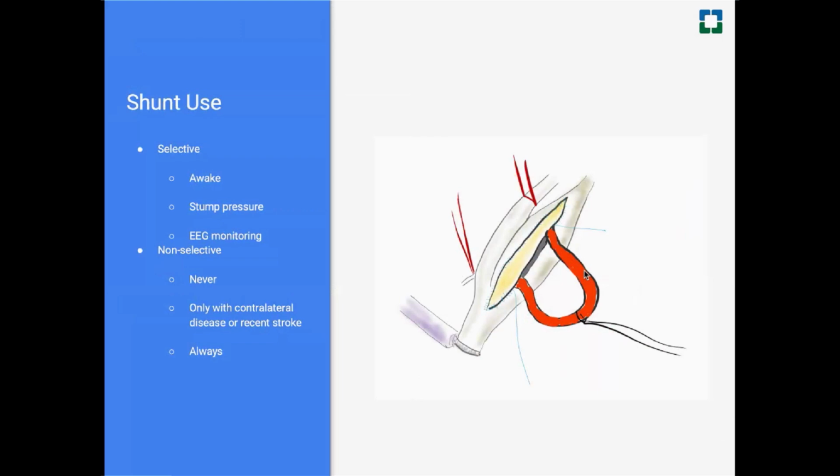The other way is to measure a stump pressure. That's with the external carotid artery and the common carotid artery clamped. A needle is inserted into the carotid bulb, and a pressure is measured from what is now a stump from the intracerebral circulation.